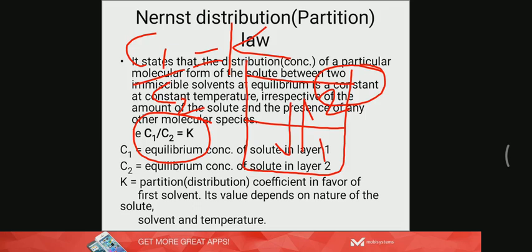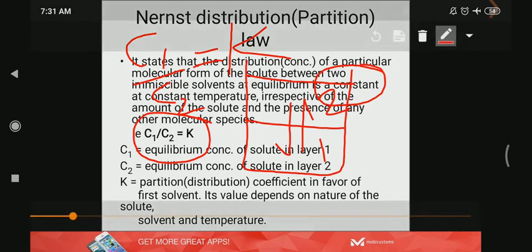Now, the value of partition coefficient depends on factors like the nature of the solute, that means its solubility, the nature of the solvent, and also temperature. If we change temperature, partition coefficient may change.